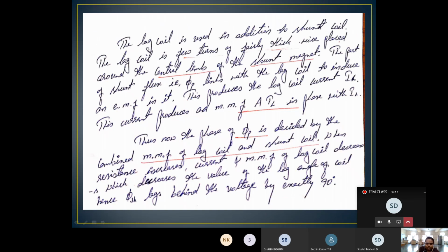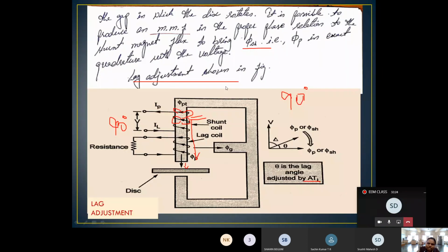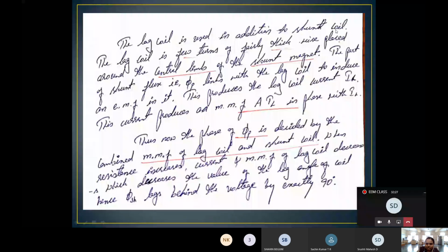Then the next point, the same one. The lag coil is used in addition to the shunt coil. The lag coil is a few turns of fairly thick wire placed around the central limb of the shunt magnet.